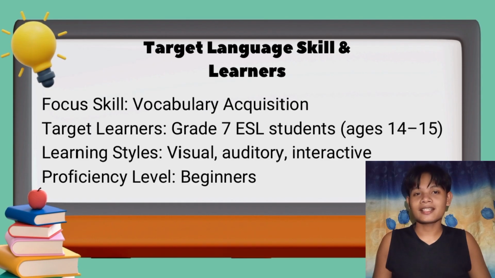These students are visual and auditory learners, and they show strong engagement with digital language learning environments. They also have access to mobile devices, either personally or through school-issued tablets, which makes the unit highly feasible and relevant to their context.